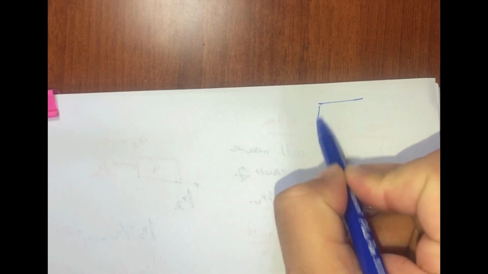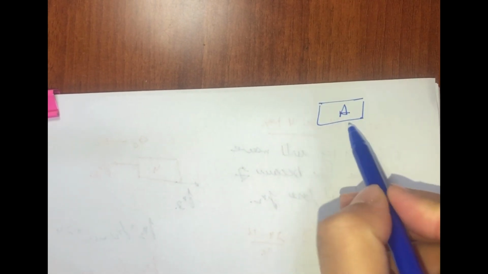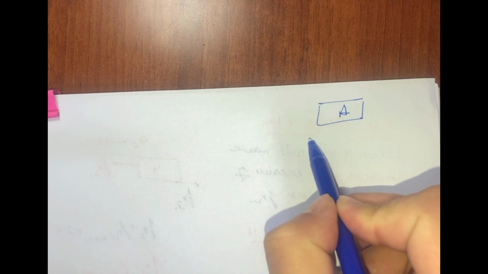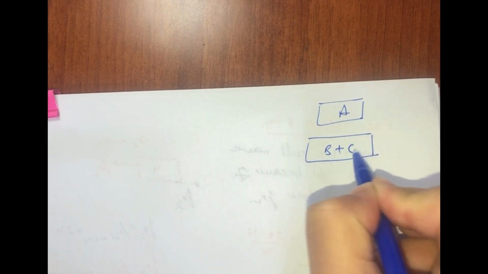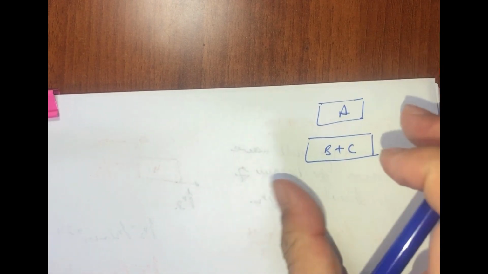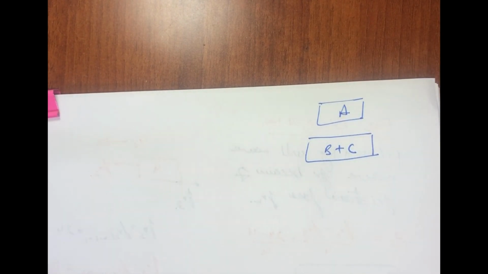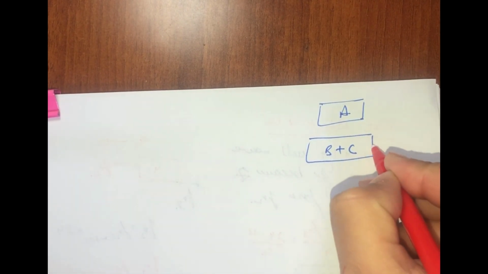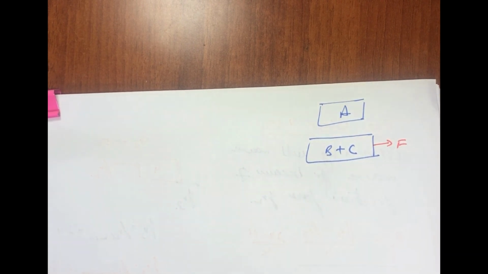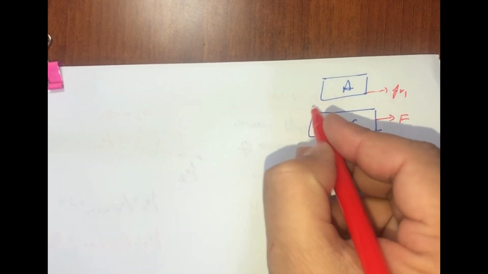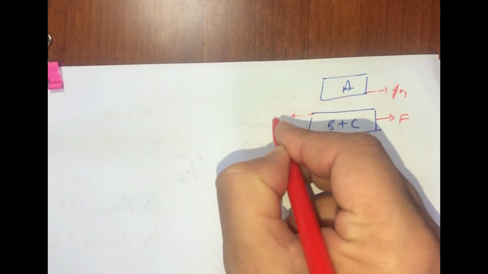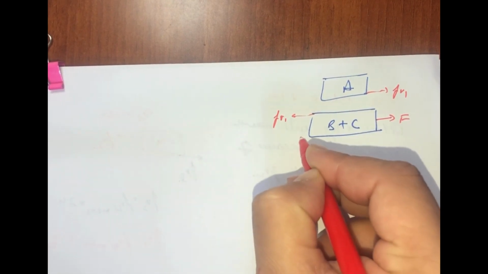So we just concluded that block A will move early and block B and C will move together. There will be minor difference between the separation. And force F is being applied on this. We have a frictional force FR1. This will be also FR1, and this will be our FR3.